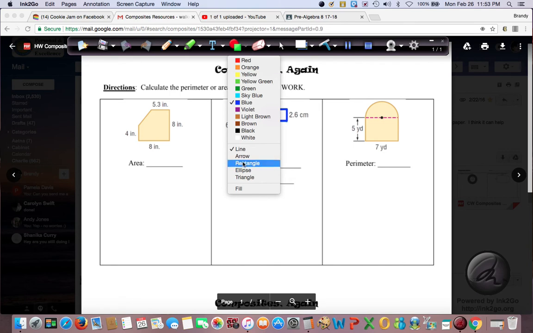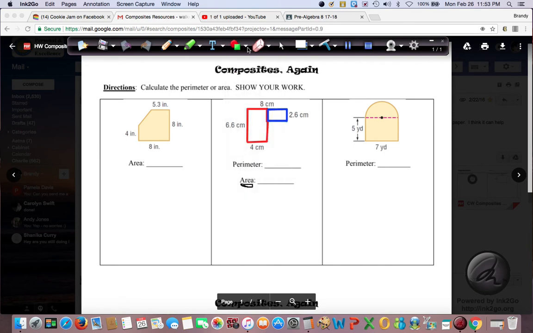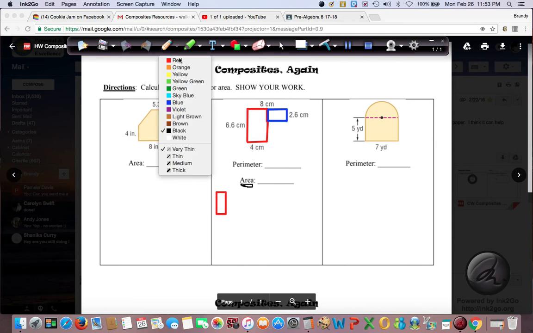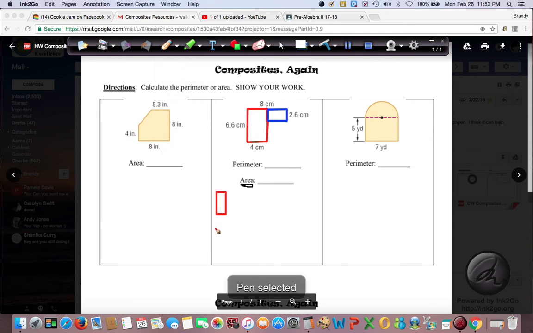You just need to make sure that you figure out your 2 rectangles. So I think the hardest part here is going to be making sure we get the correct lengths and widths. So again, to find area of a rectangle, it's length times width.